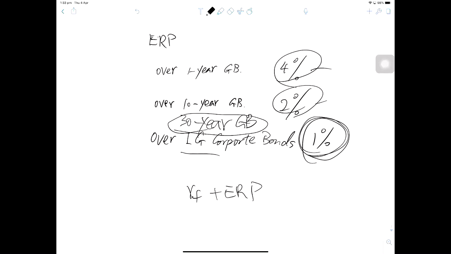Does it make sense? When you try to forecast the required return from a long-term project, the equity risk premium over a corporate bond index might be more appropriate in terms of the term of the project, and also the very specific business risks involved in your calculation.